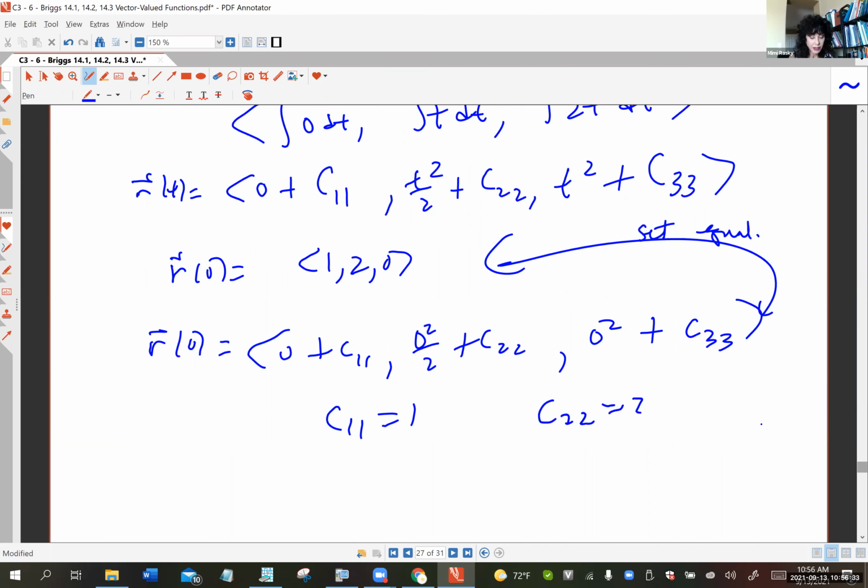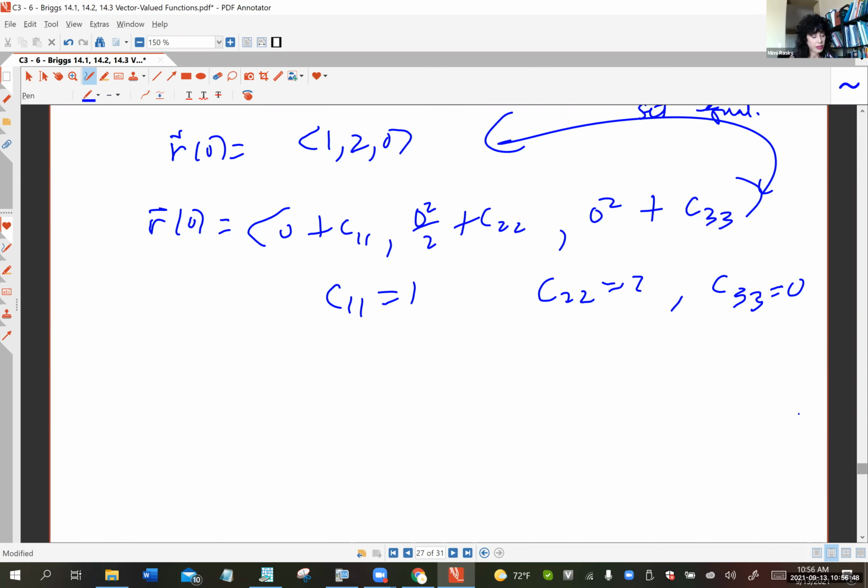But a lot of you wrongly thought on the quiz that your initial condition gave you the C1, C2, C3. It doesn't. Some of you kind of bombed that last problem on the quiz because you thought it was the case. So my almost final answer is that R of t is going to be, after I plug in my C11, C22, and C33, this vector here.